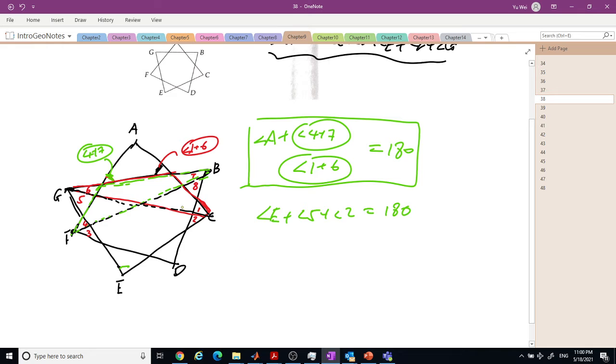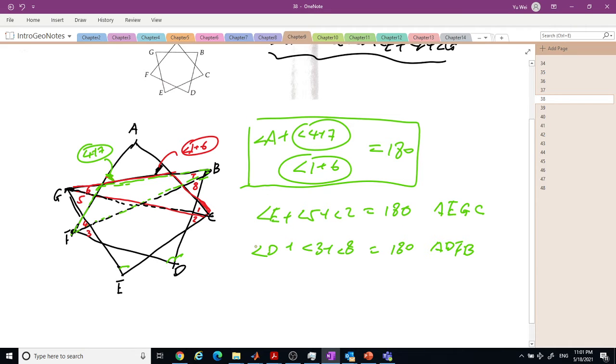Now the third one, we have the angle D. So this is the triangle EGC, and we have another triangle DFB. So we have the angle D plus the angle 3 plus the angle 8 is 180.